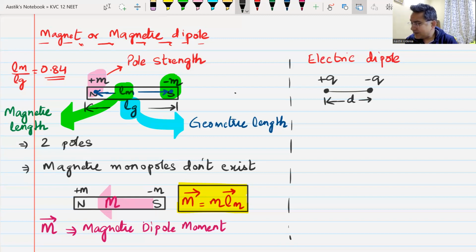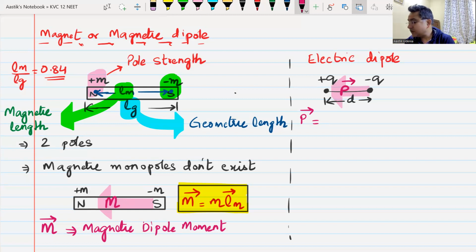Whenever we talk about electric dipole, it has two poles, one positive, one negative. Magnetic dipole has two poles, north and south. Every electric dipole is also characterized by a vector which is directed from the negative charge towards the positive charge. We will write it as P vector. This M vector is known as magnetic dipole moment.